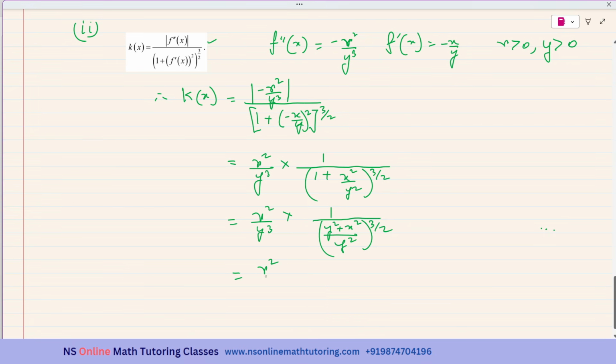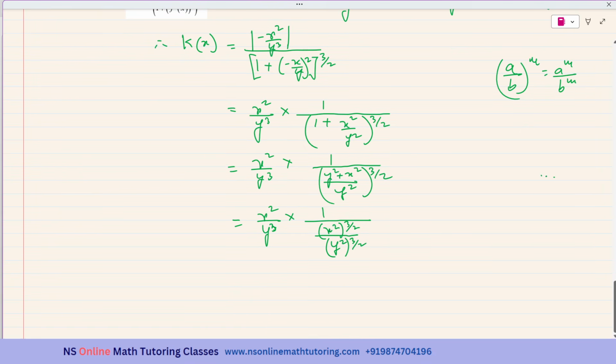So this is r square over y cube times 1 over r square, and just separating the numerator and the denominator, it is r square raised to the power of 3 over 2 divided by y square raised to the power of 3 over 2. I can do that because a over b raised to the power of m is equal to a to the m divided by b to the m.